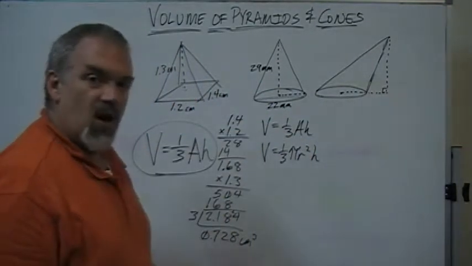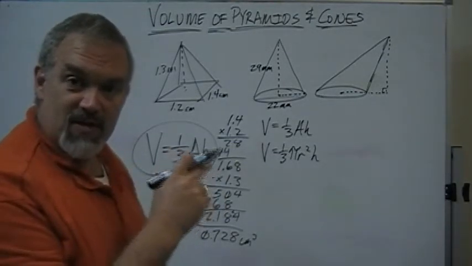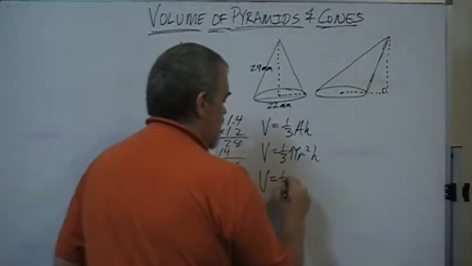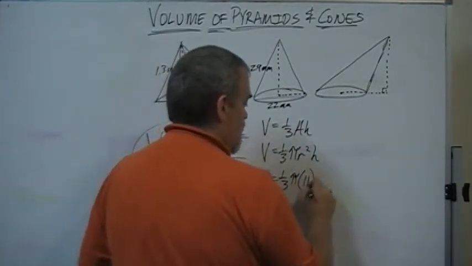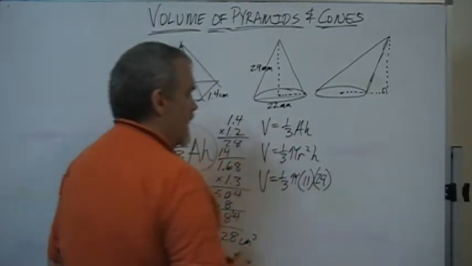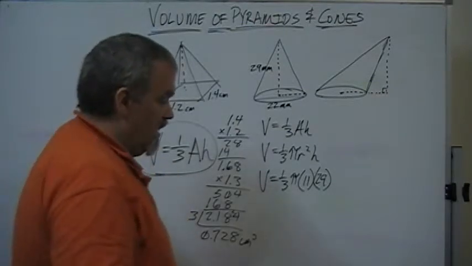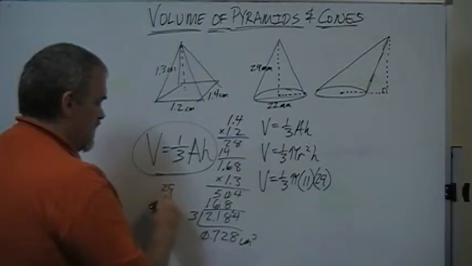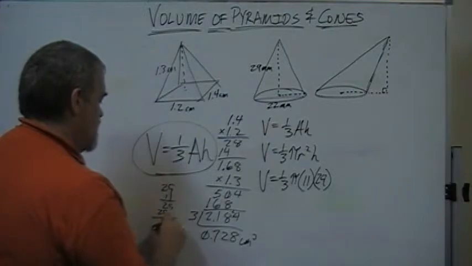What's the radius of the cone that I've drawn? It's not 22, that's the diameter. The radius is only half, it's from the center outward, so that means that the volume is equal to 1/3 times pi times the radius 11 squared times h, which is 29. And we could leave that, we could multiply 29 times 121, which gives us 3509.